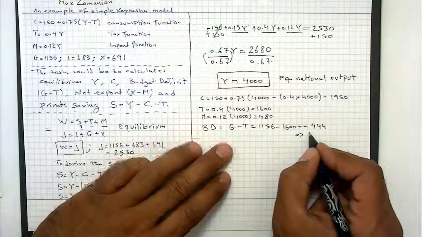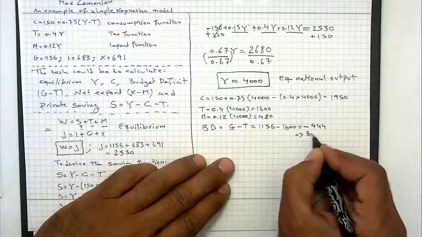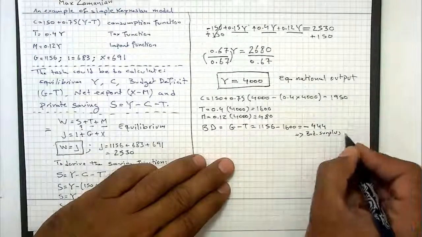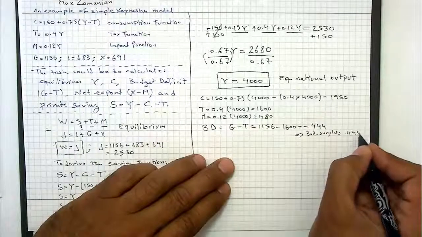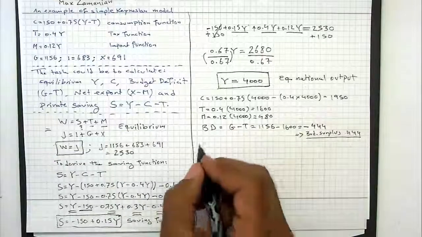That means actually you have a budget surplus of 444. So this is budget surplus.